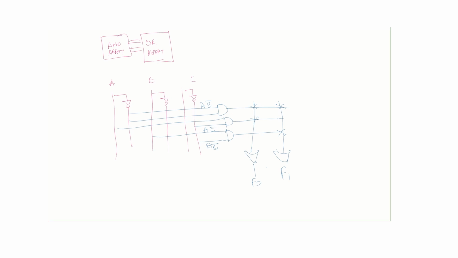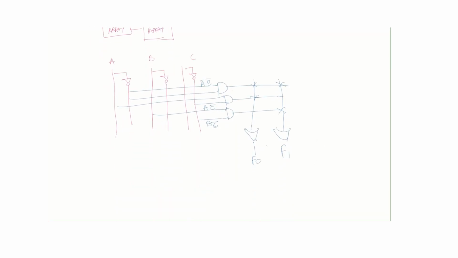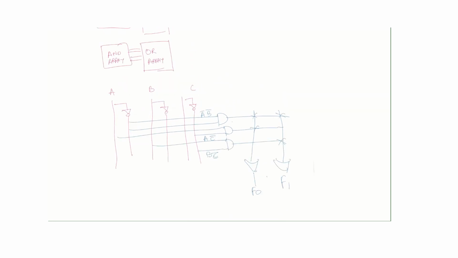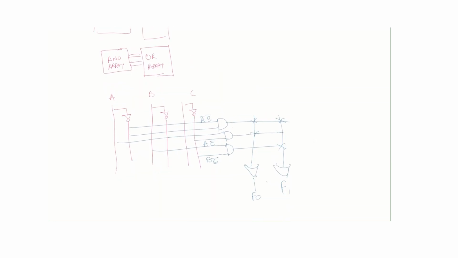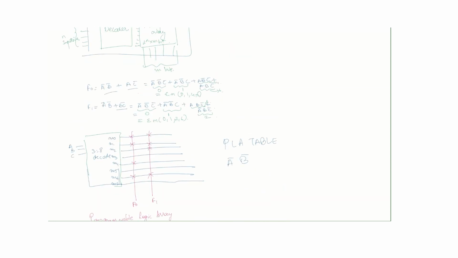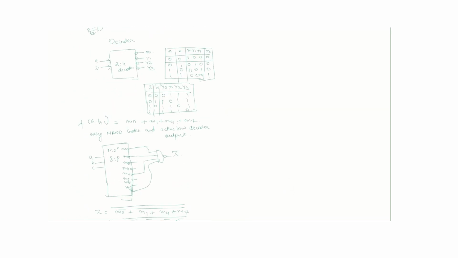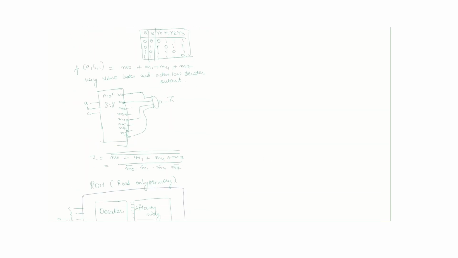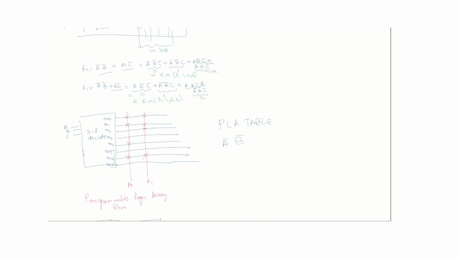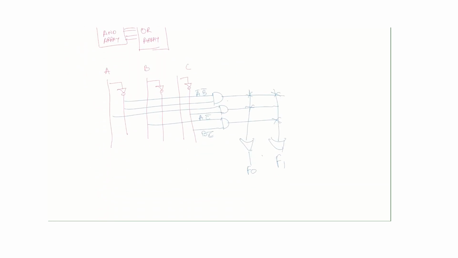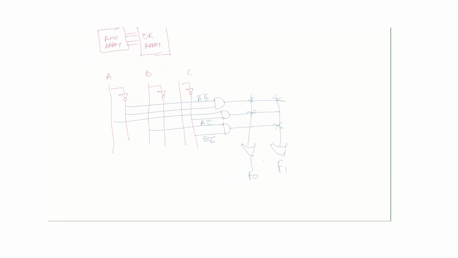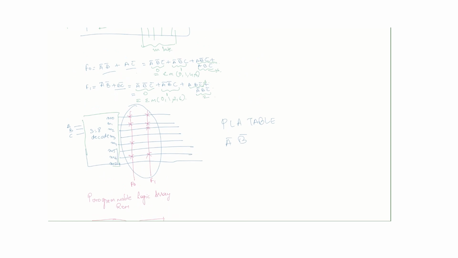So the difference between PLA and ROM is that ROM implements a truth table, just like this, while PLA implements the sum of product expression, basically A bar plus B bar, F0 and F1.